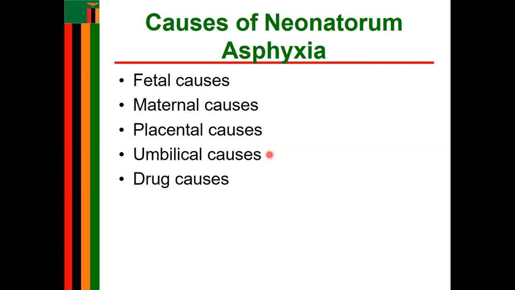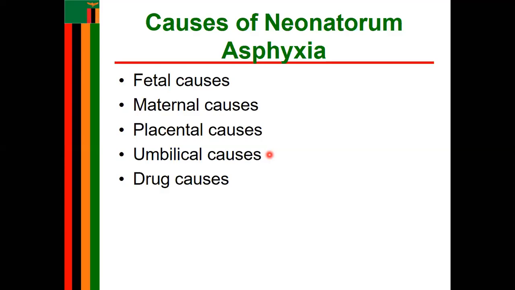In terms of umbilical causes, it could be cord presentation. Sometimes the cord can be inserted on the edge of the placenta, meaning there will not be enough oxygen supply to the baby. You have placental abnormalities such as the battledore placenta and the succenturiate placenta.